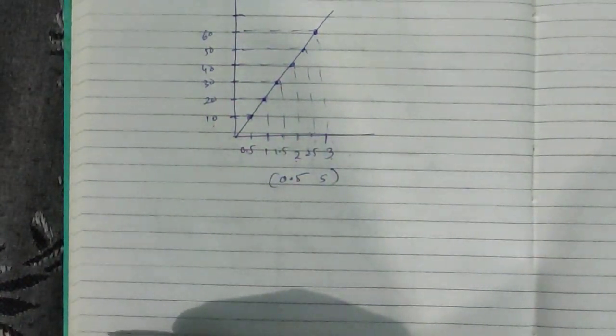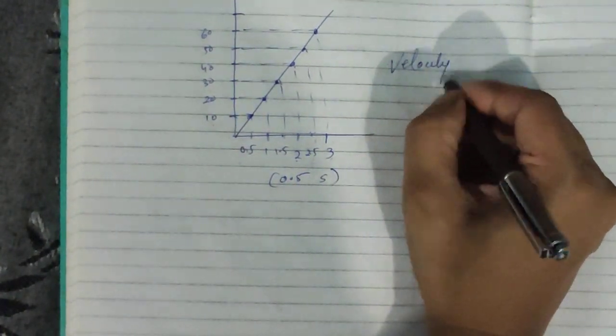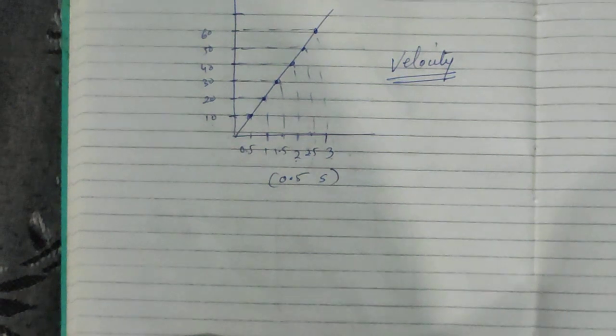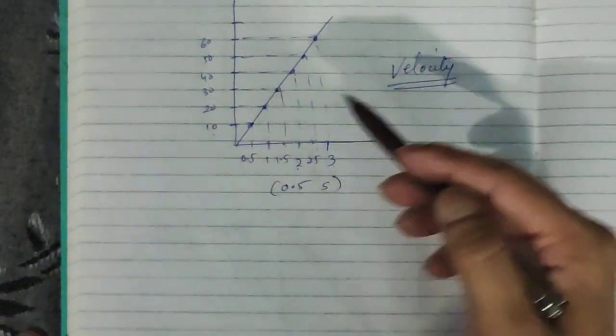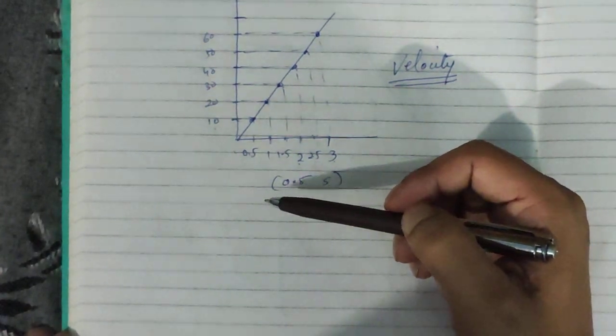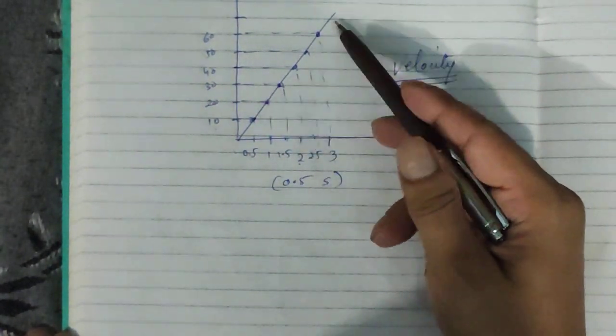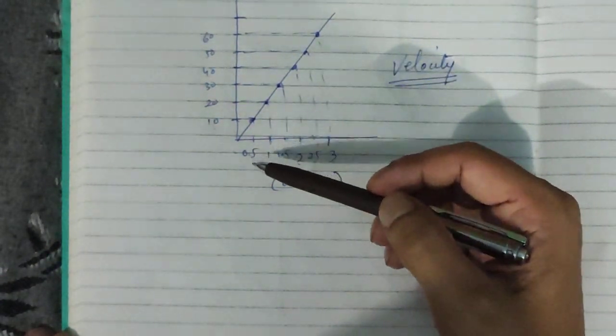So the question asked is, what is the velocity or speed of this object? We need to find the velocity of an object. As you can see, it is a straight line, that means the object is in uniform motion. If the object is in uniform motion, you can find the velocity by taking any 2 points on the graph.